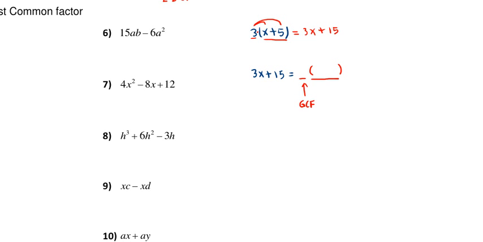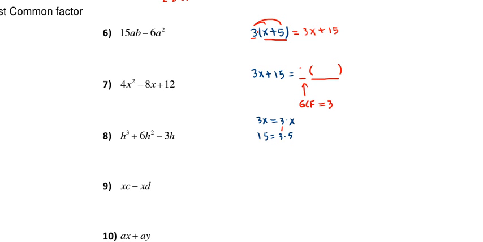If we break down these two quantities, 3x plus 15, 3x is simply 3 times x, and 15 is simply 3 times 5. So the thing that they have in common will be the GCF. The only thing that they have in common here is a 3. So the GCF is 3.